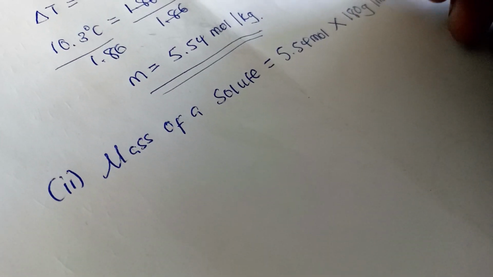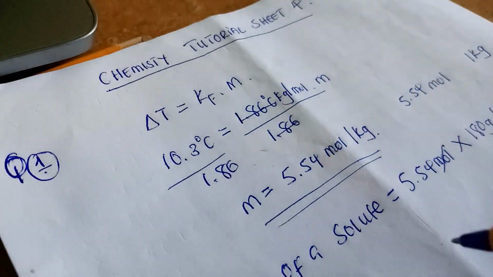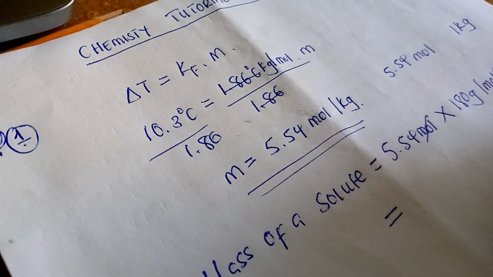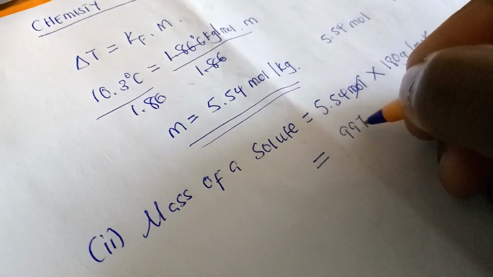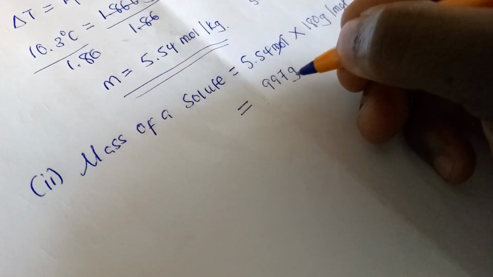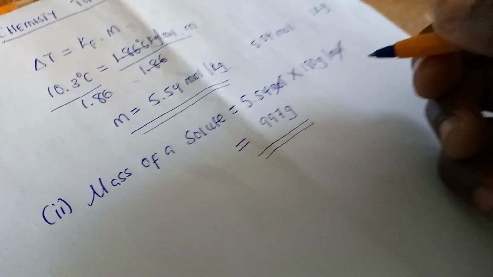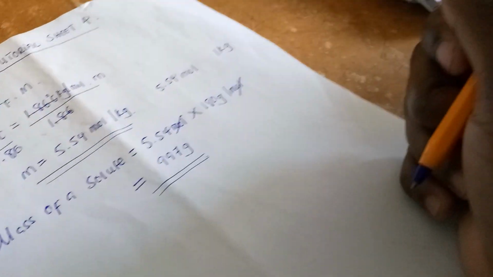So this mole and this mole will cancel, and the mass will remain in grams, which is 997 grams. So guys, we have found the mass of the solid.